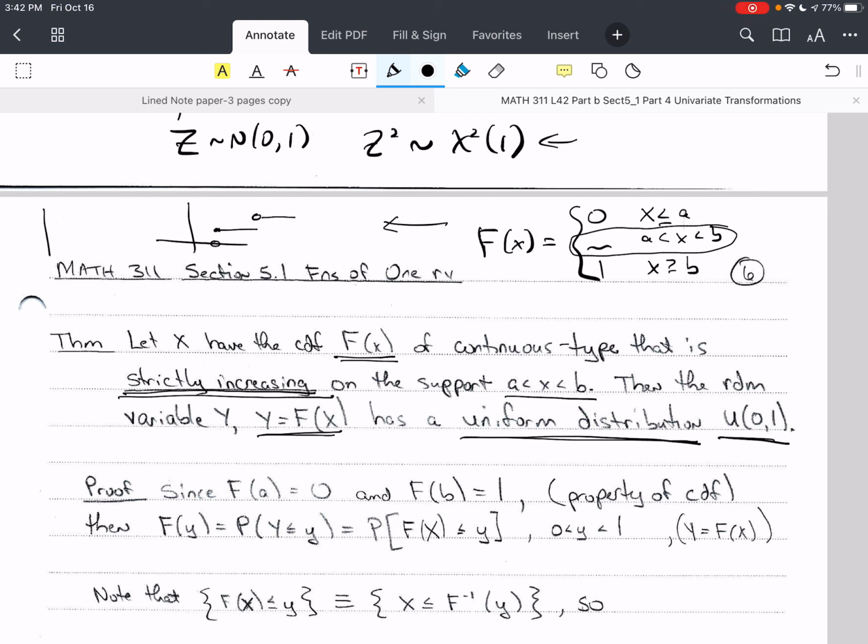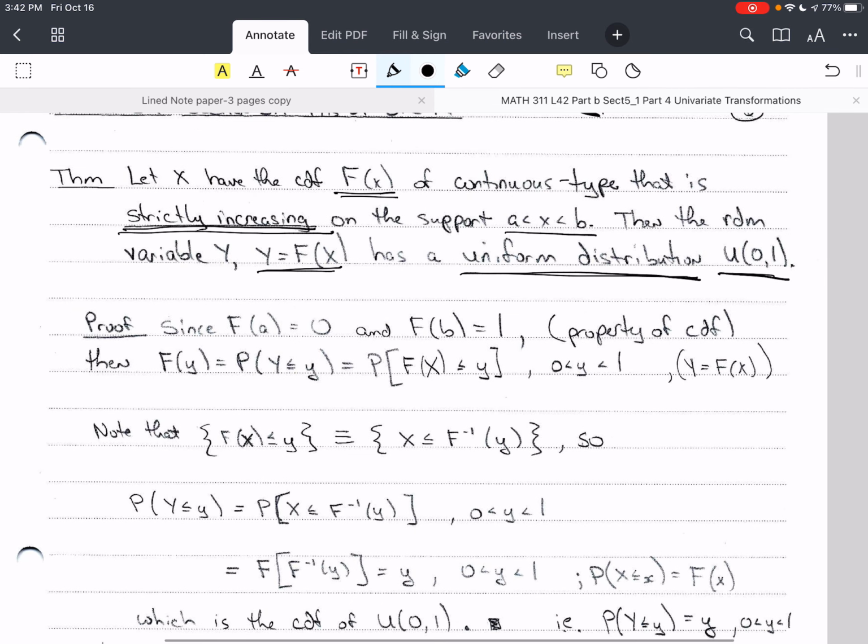If we have something that is strictly increasing from 0 to 1, then F has a uniform distribution. So now we're going to say that F of a is equal to 0, and F of b is equal to 1.